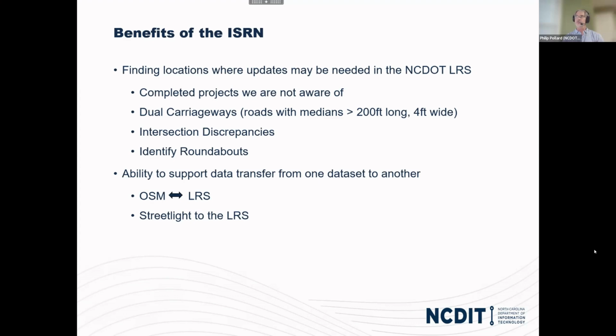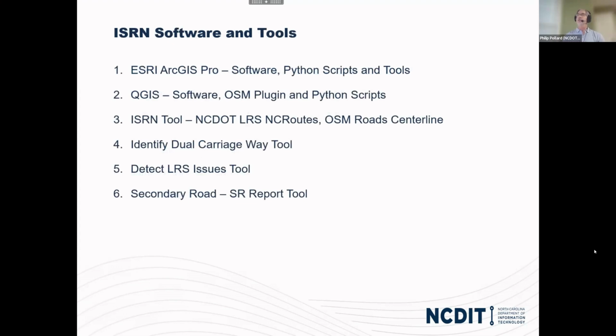Streetlight was one of the companies that is trying to use our route IDs. So the ISRN software and tools, and the two main things that we use are ArcGIS Pro and doing the conflation with the tools in that.